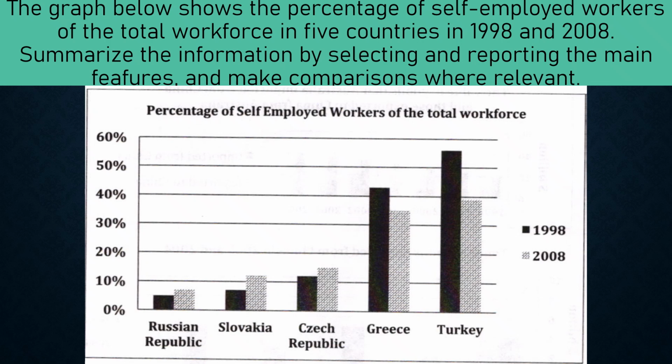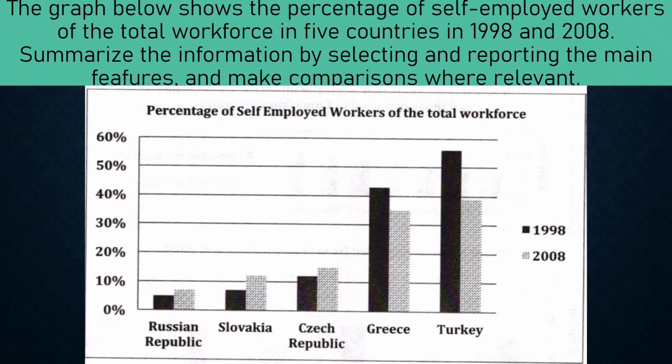The first thing I asked you to do is to rephrase or paraphrase the same statement that was given in the paper, adding something of an overall view of the graph. So let's see how we can rephrase or paraphrase this statement that is given in the paper.